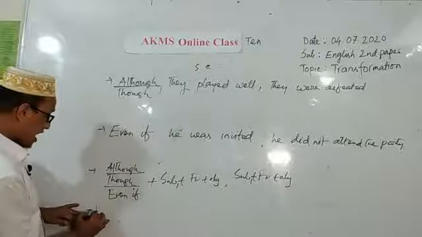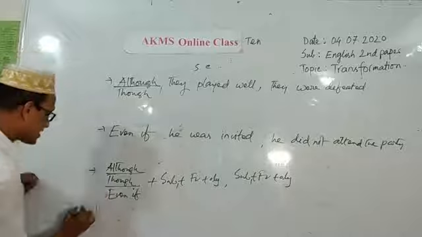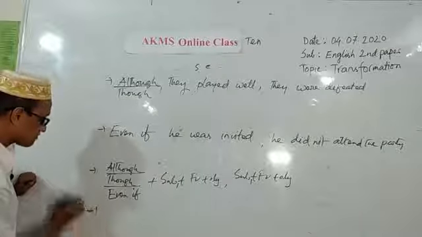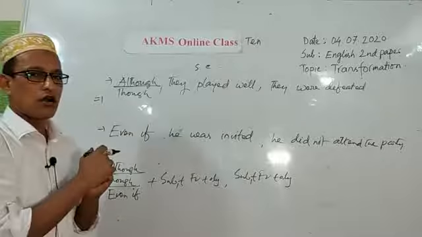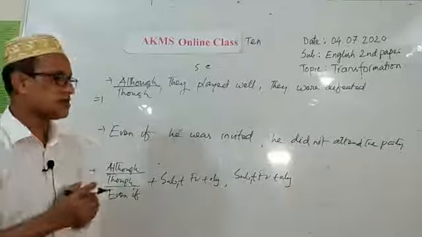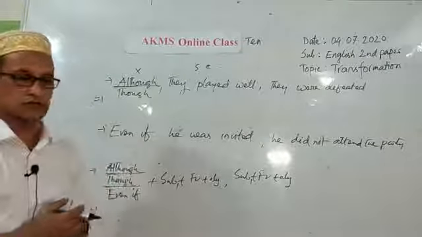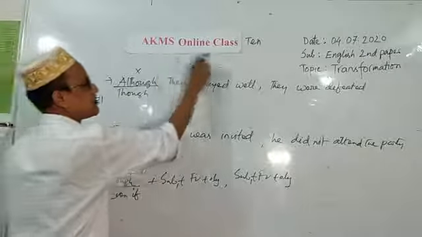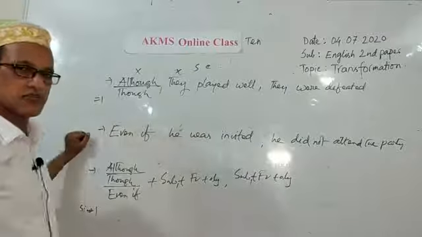Now, if you are asked to transform it into simple sentence, what can you do? Look at the board. At the time of transforming it into simple sentence, I will erase the conjunction. As both the subjects are same, I will also erase the subject.